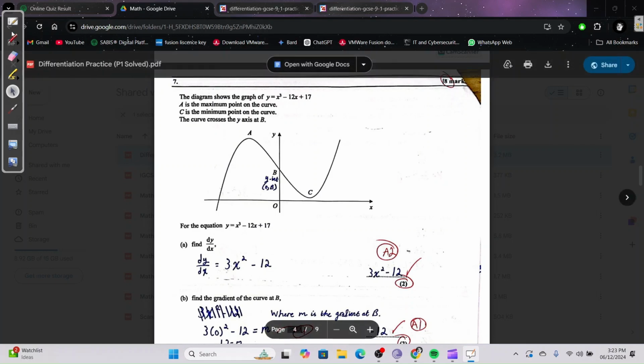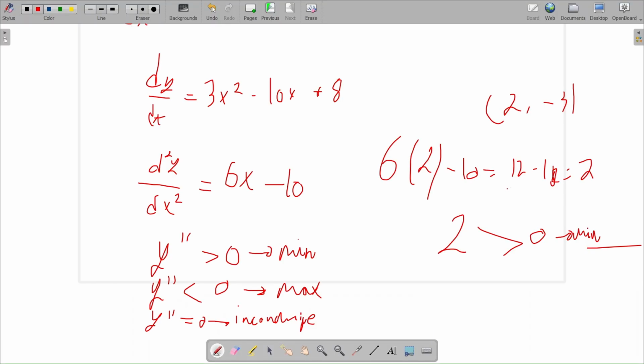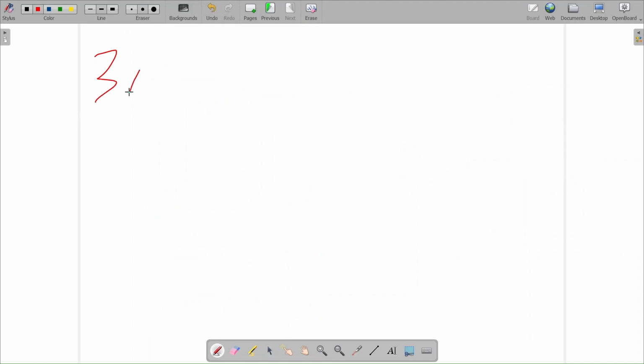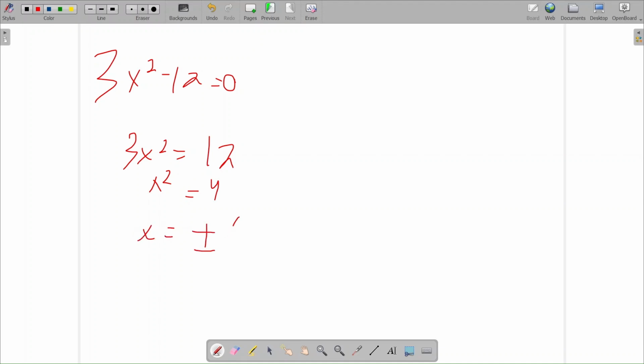So what we're going to do, we're going to get the derivative, 3x squared minus 12 equals 0. 3x squared is equal to positive 12. You took 12 to the other side. Divide by 3. X squared is equal to 4. X is equal to positive or negative 2.